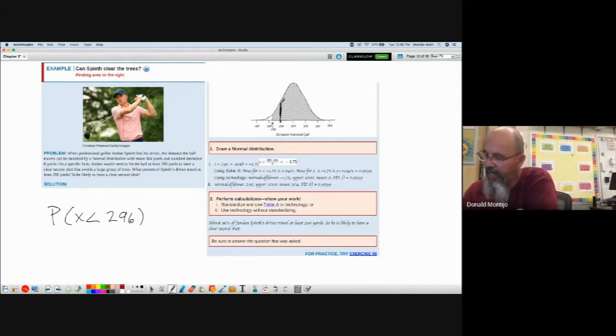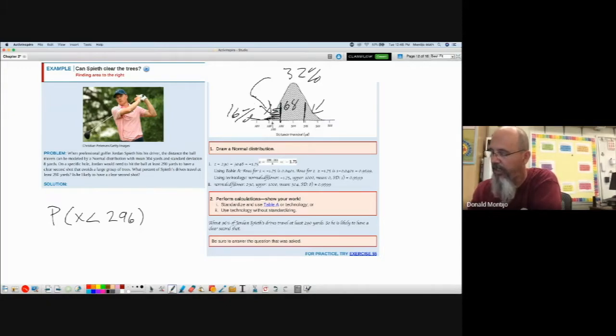By the 68, 95, 99.7 rule, I know that 68% of the data falls in here. Therefore, these two tails out here must equally share 32%. So that would tell me that in here is half of 32%, or approximately 16% would be less than.